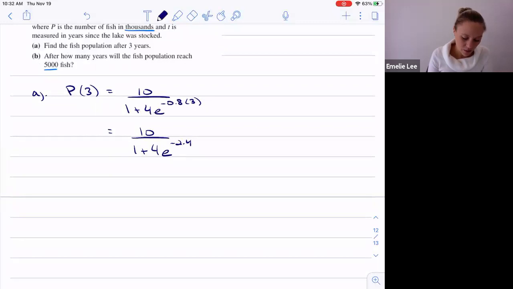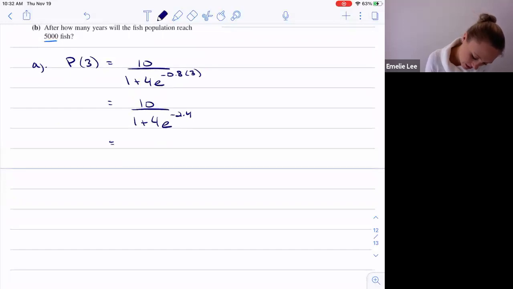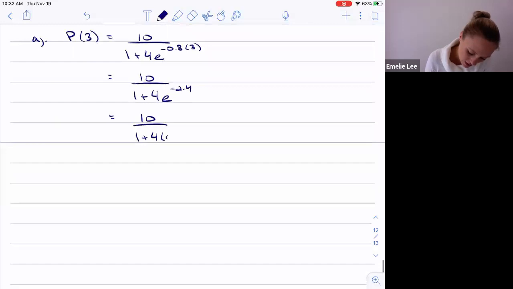E to the negative 2.4, e to the power of the answer button. So I like the answer button on this calculator. Just plugs in your previous answer, so you don't have to retype it. 10 divided by 1 plus 4 times, and here now I'm in decimal approximations, that's okay, 0.09071795329.